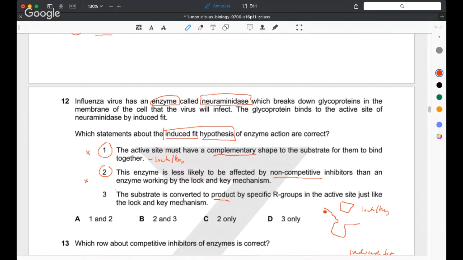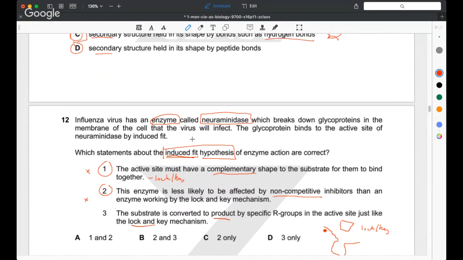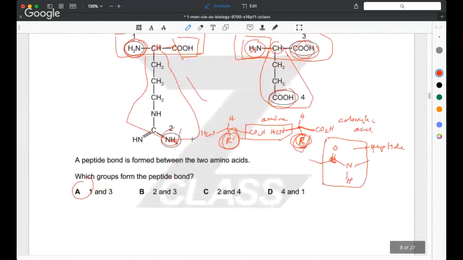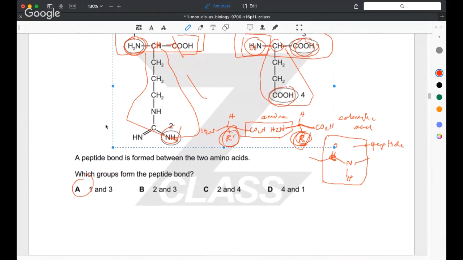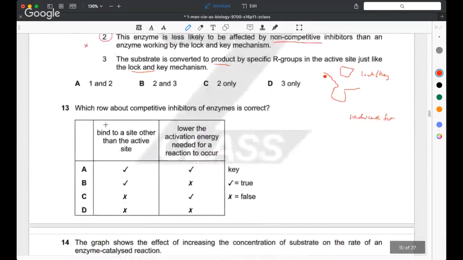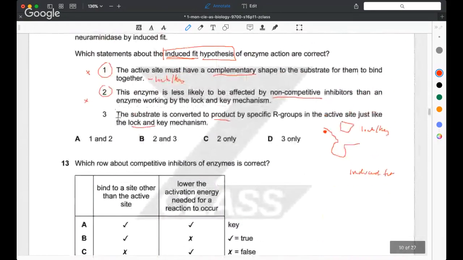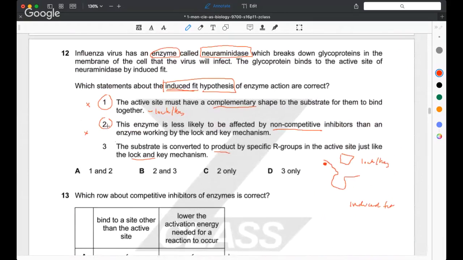So whether you're working with a lock and key mechanism or an induced fit mechanism, it's true that these amino acid side chains are the ones that start to catalyze the conversion of the substrate into the product. So for 12 here, only 3 is the answer.